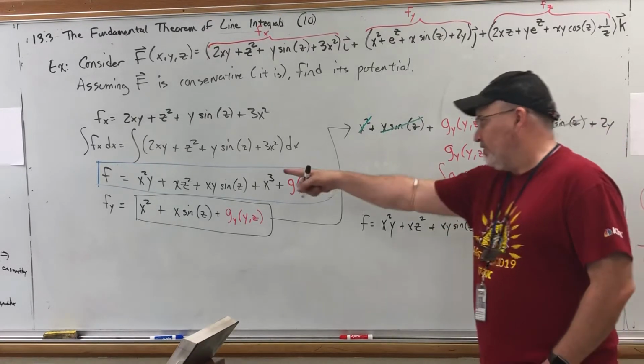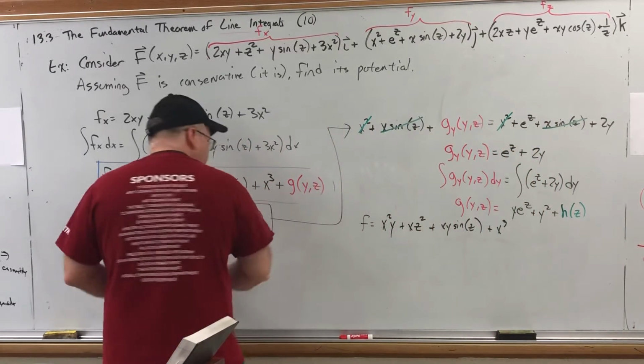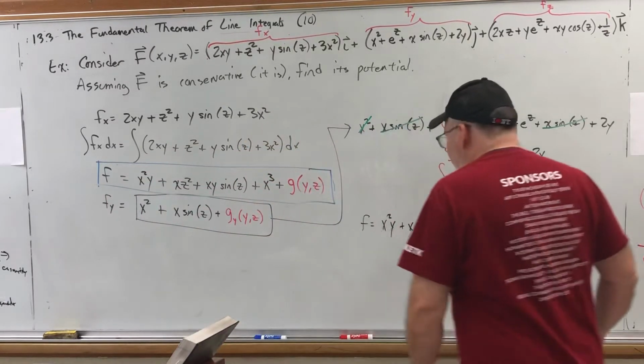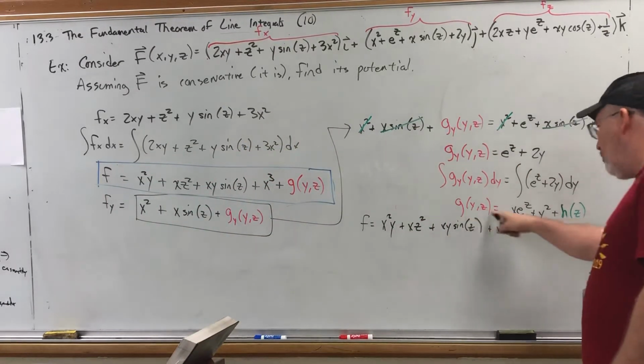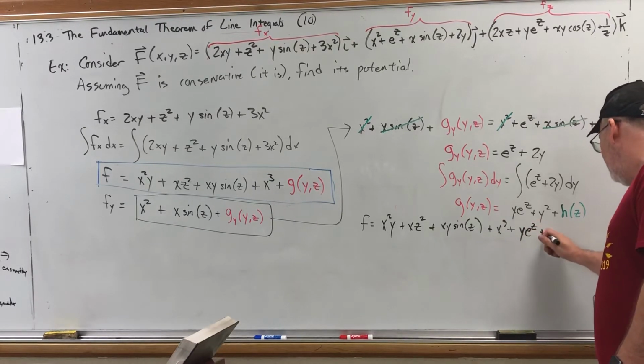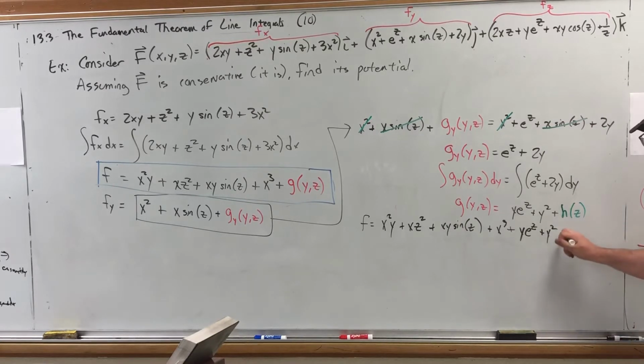Again, I'm just rewriting what's circled in blue. It's circled on one end, square on the other. Plus g. And we know more about the g function now. It's y e to the z power plus y squared plus some unknown function of z.